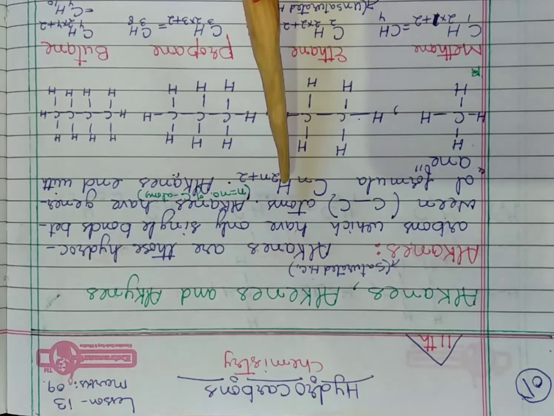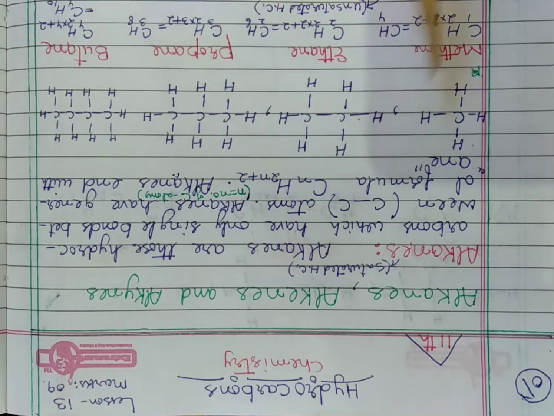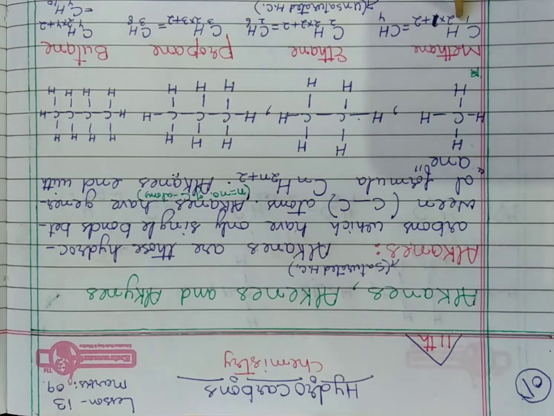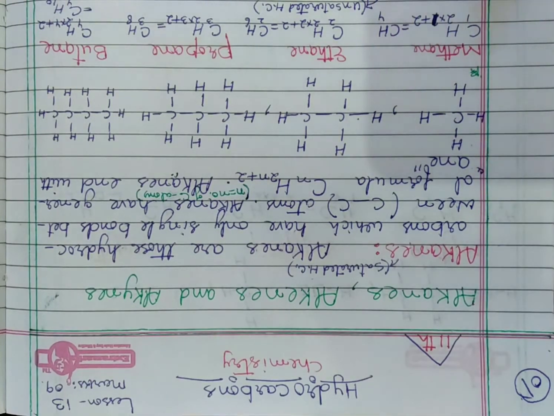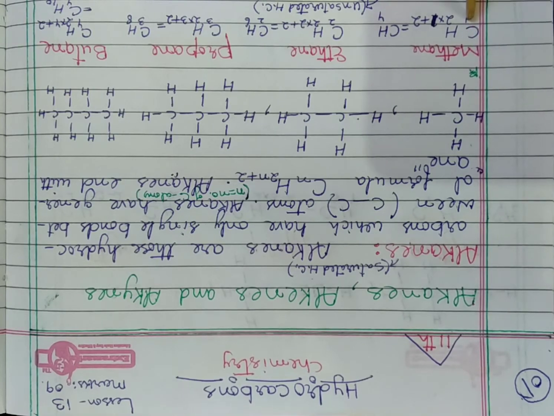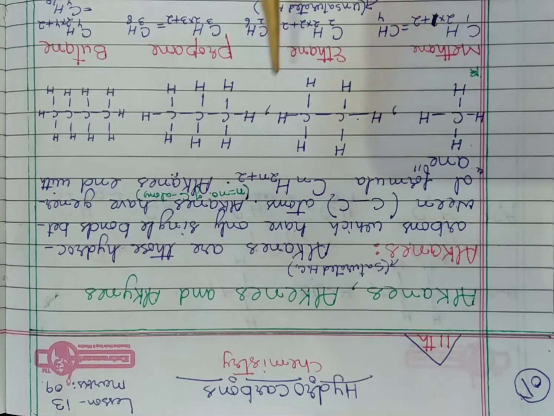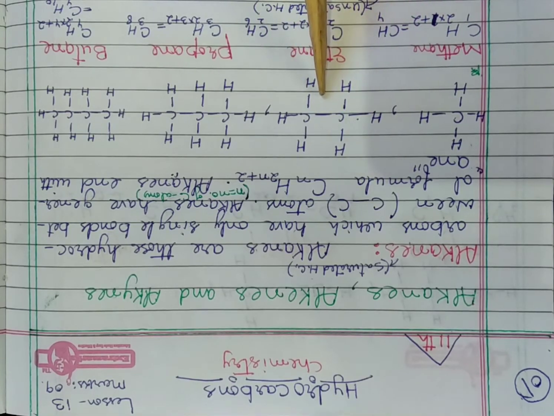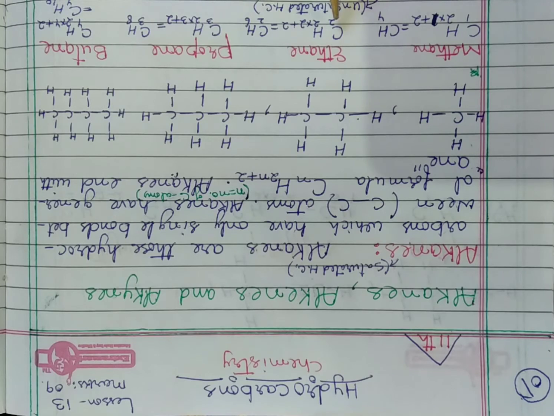As far as the general formula is concerned, for methane, n is equal to 1, so C1H2 into 1 plus 2 becomes CH4. Similarly, for ethane, n is equal to 2, so C2H2 into 2 plus 2 becomes C2H6.